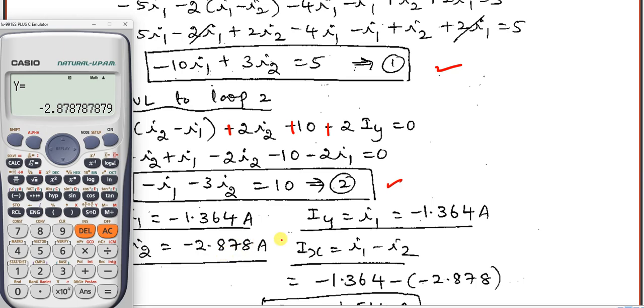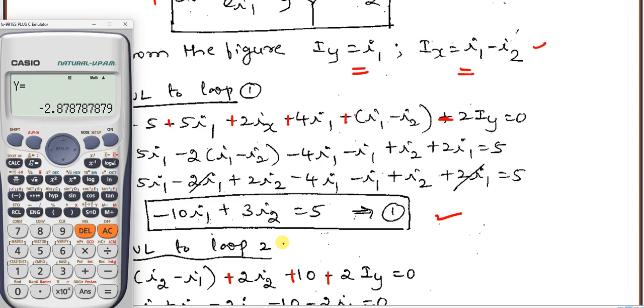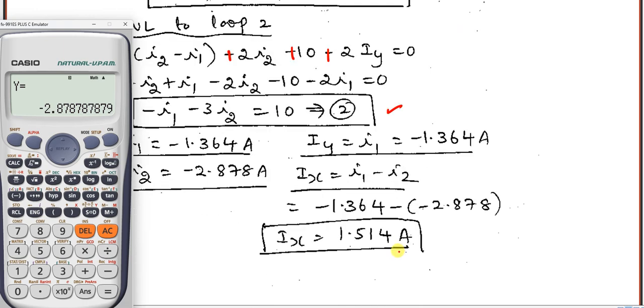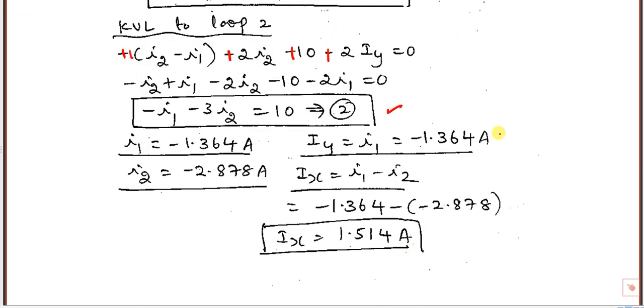In the problem, they are asking to find Ix and Iy. Ix is I1 minus I2, Iy is I1. Iy is I1 which is 1.34 and Ix is I1 minus I2. This minus this, you are going to get this much.